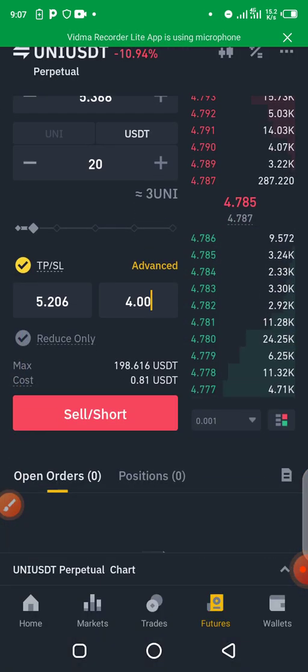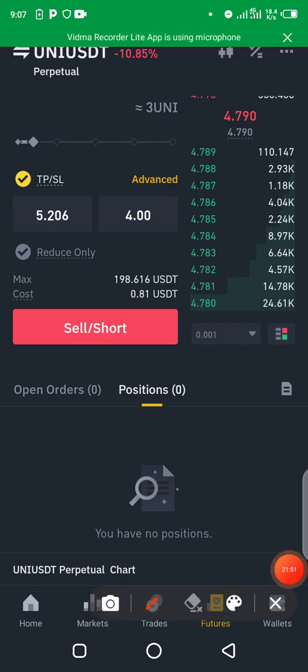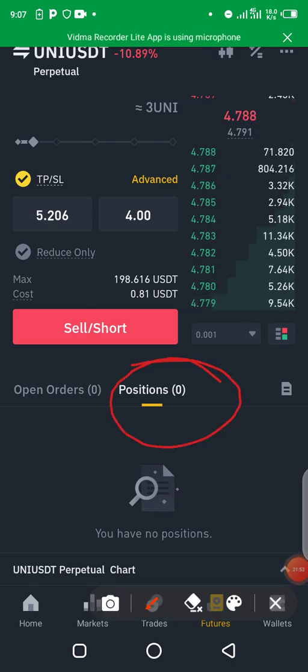So it's from positions. When you enter the trade, on positions is where you'll be able to adjust your leverage. You can also close the position. You are going to see it there, so you close it, and that's just it.